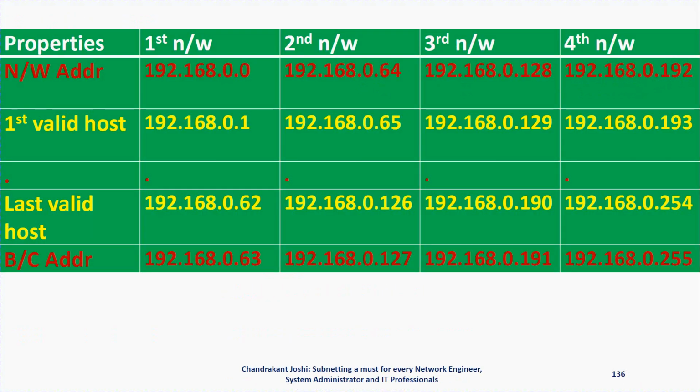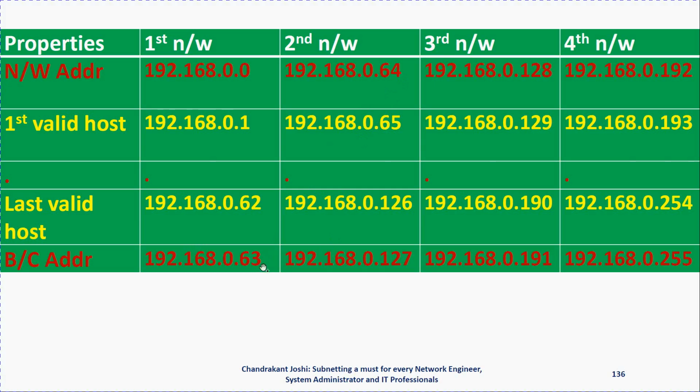If I add 64 to this, what will happen? This value will become 256, and we know that in the 8-bit binary system the maximum is 255. But you can say that 256 minus 1 is 255, which gives me the broadcast address for this fourth subnet. So this 192 minus 1 will be 191, and that will give me the broadcast for the third subnet. Likewise 128 minus 1, which is 127, that will give me the broadcast for the second subnet. Similarly 64 minus 1, 63.